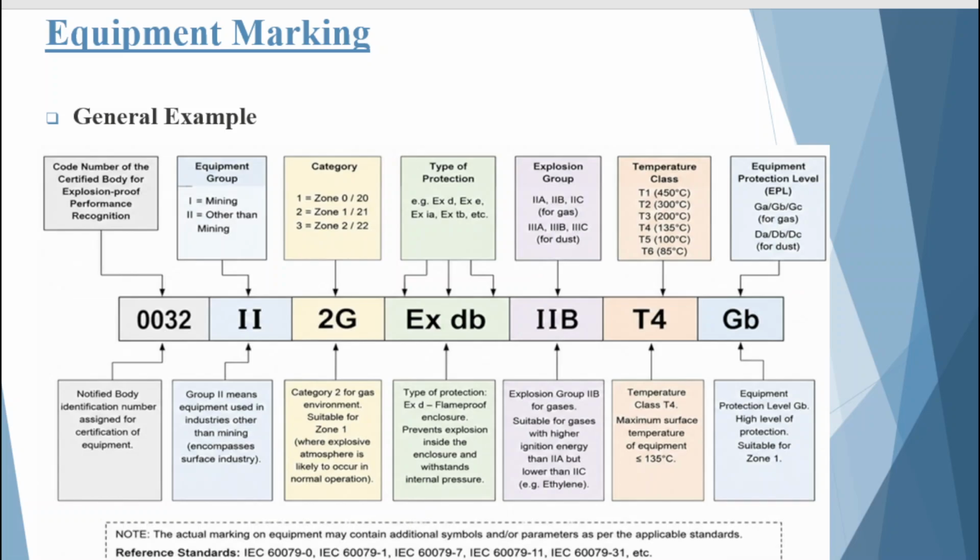Finally, we have Gb, which stands for the Equipment Protection Level or EPL. The EPL indicates the level of protection provided by the equipment. A Gb rating means the equipment provides a high level of protection and is suitable for installation in Zone 1 gas hazardous areas.